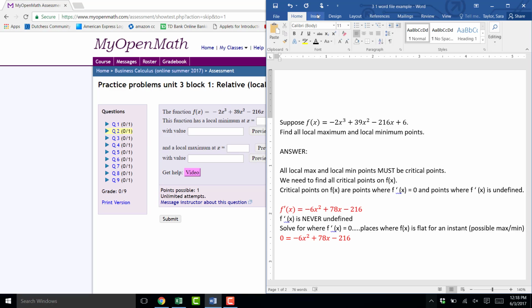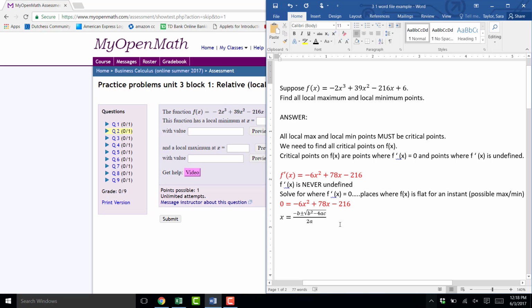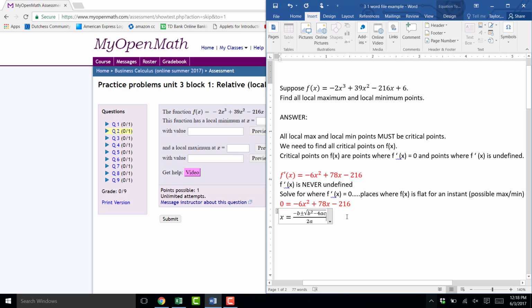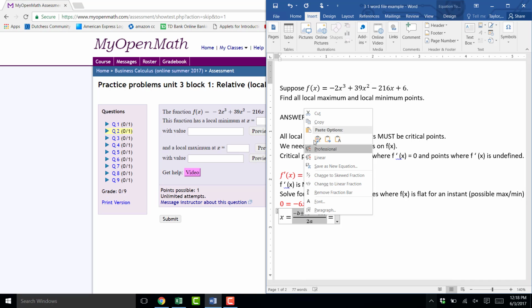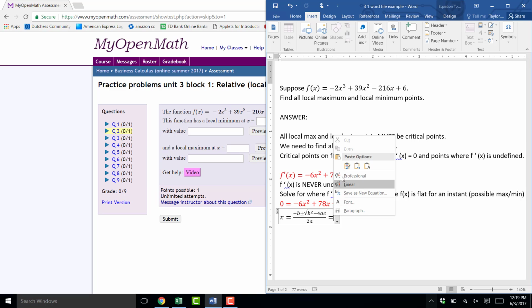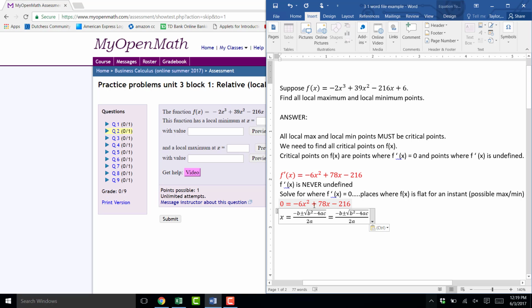Recall the quadratic formula is x equals negative b plus or minus square root of b squared minus 4ac all over 2a. So we're going to take that formula and plug in our coefficients a, b, and c, and solve for the value of x that makes our function equal 0.